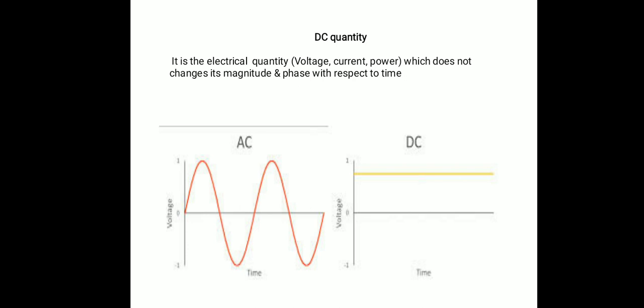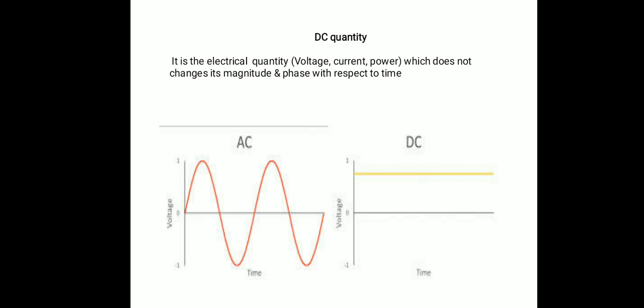So in the DC quantity, we have voltage and its phase. Voltage is nothing but the magnitude, and phase is nothing but the polarity. So the voltage polarity is completely positive throughout the time. That's why it is called the DC quantity.